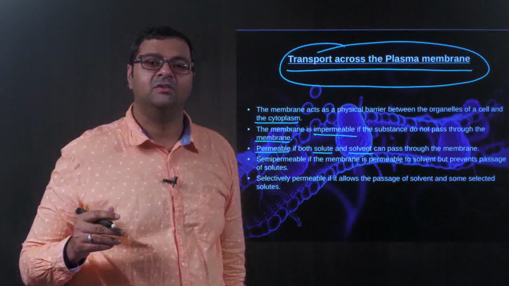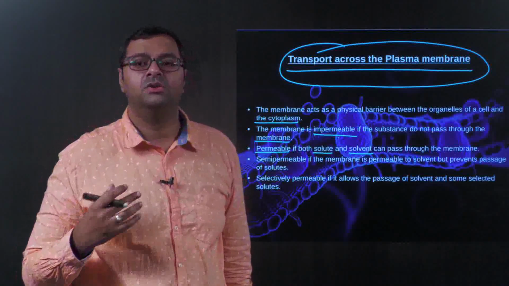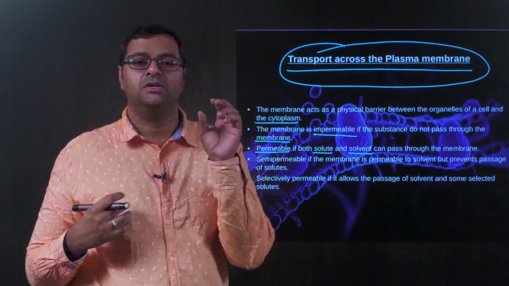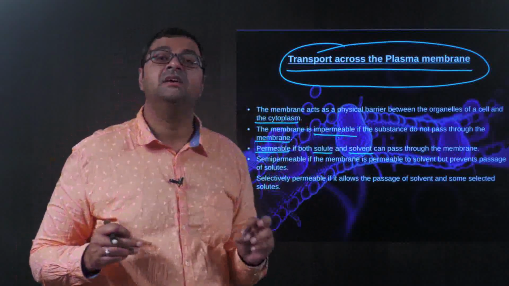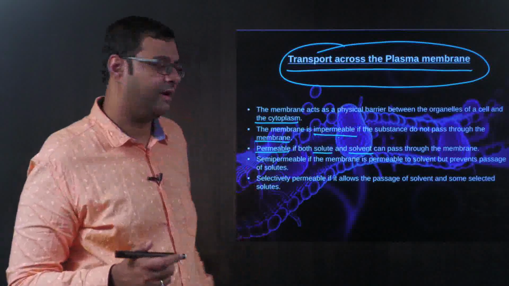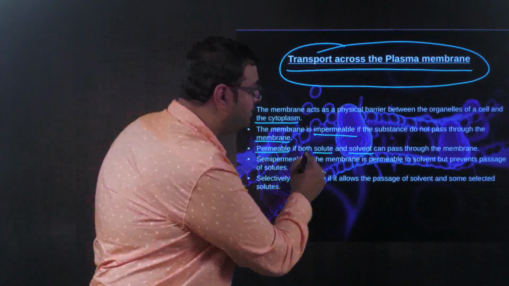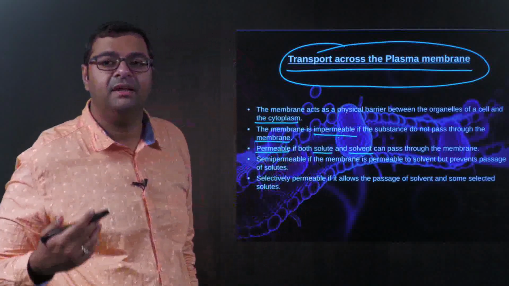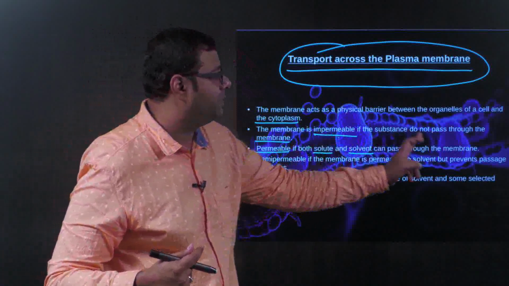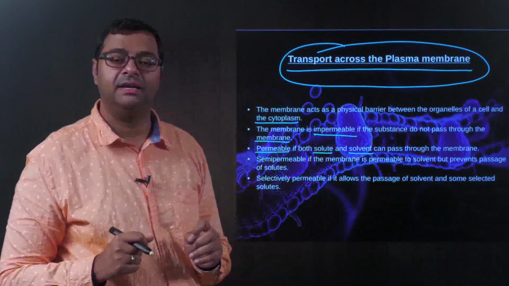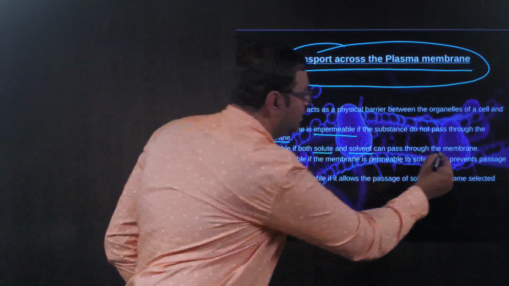For example, in sugar water, sugar is the solute and water is the solvent. So permeable means the plasma membrane is allowing the solute and the solvent to pass through the membrane.